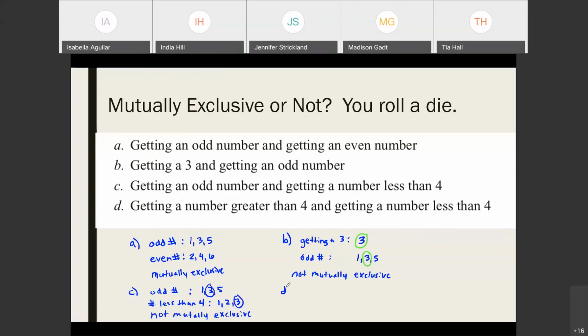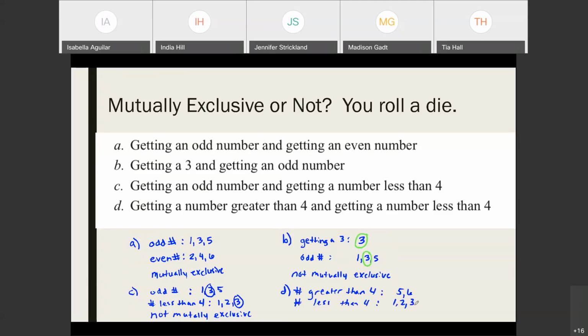All right, and then the last one, getting a number greater than 4 and getting a number less than 4. So a number greater than 4, that would be 5 and 6. And a number less than 4, that would be 1, 2, and 3.